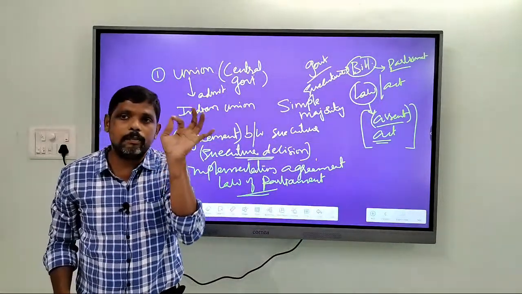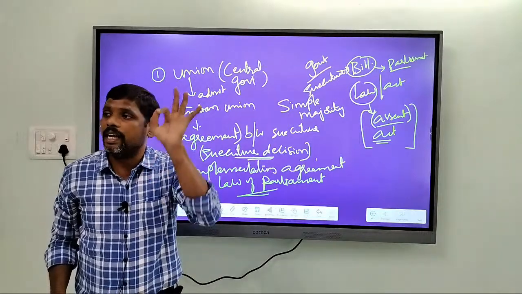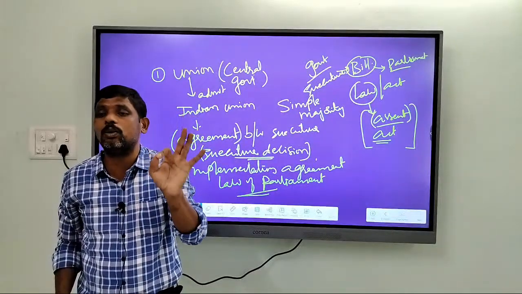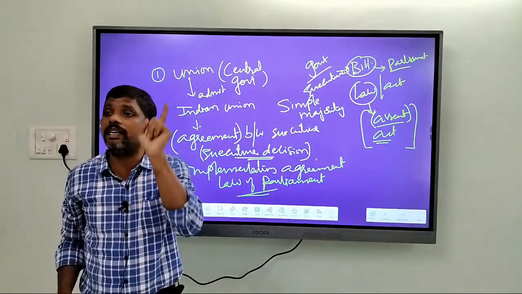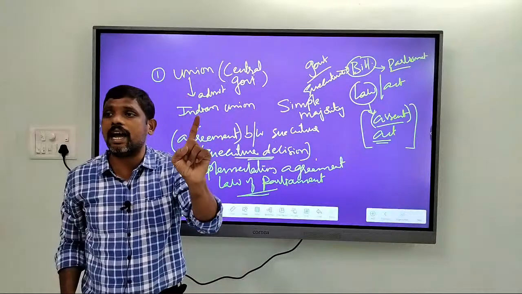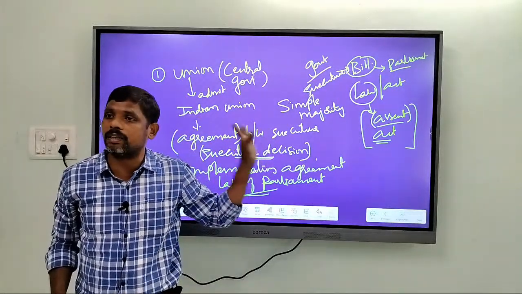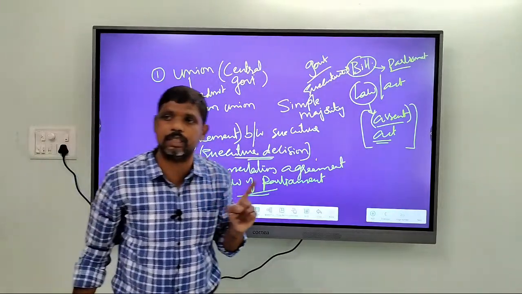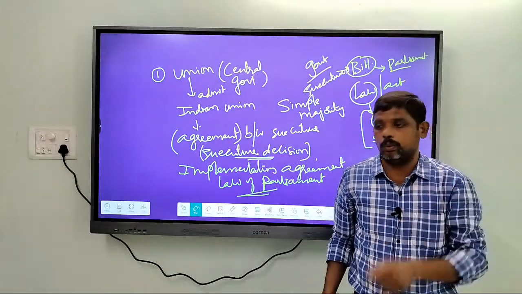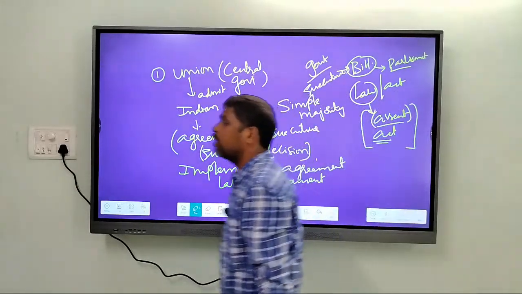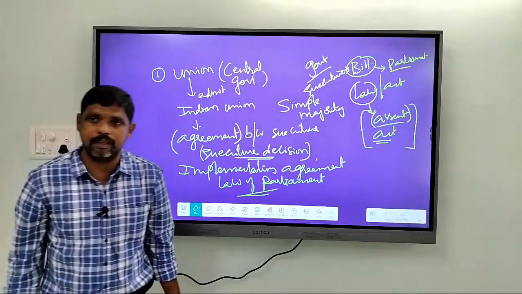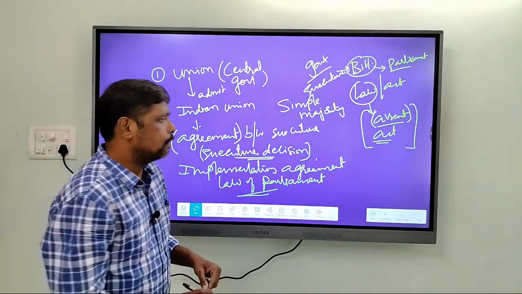Remember one point very clearly: any law that is made under Article 2 will not be regarded as a constitutional amendment law. It will not be treated as a constitutional law. It is just an ordinary law, though it brings changes to the constitution.